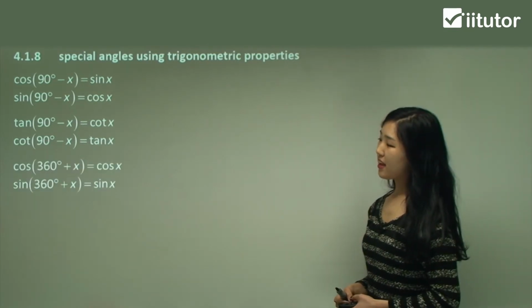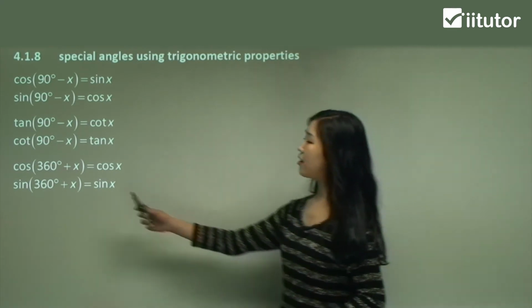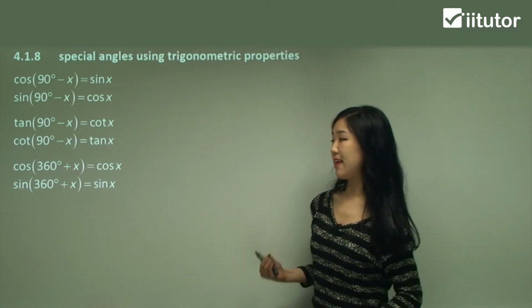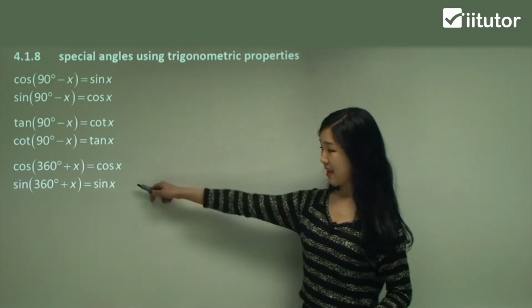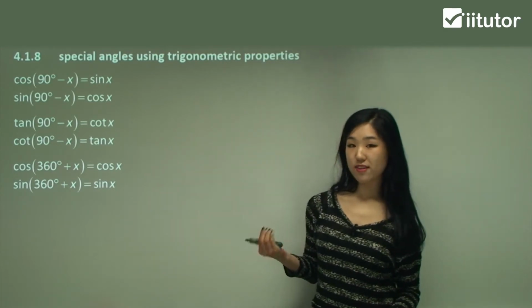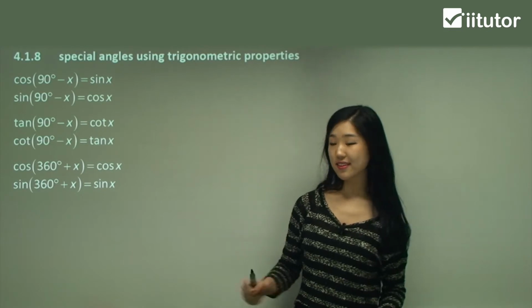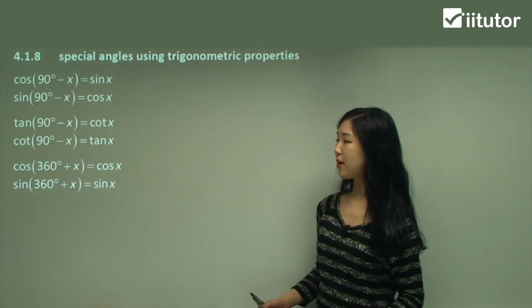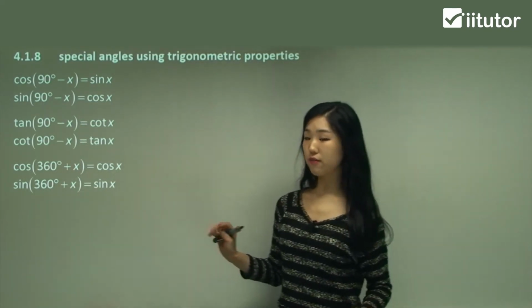Now the next one is a little bit of a different type of relation. See how cos 360 degrees plus x equals cos x. And the same one here, this time using sine: sine 360 degrees plus x equals sine x, just sine x. This time cos is with cos and sine is with sine, so don't get confused.